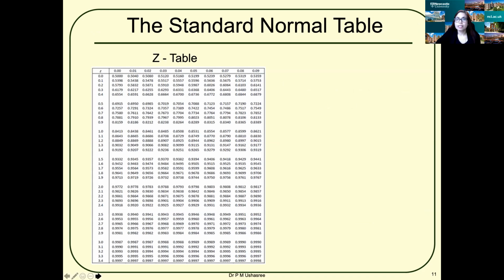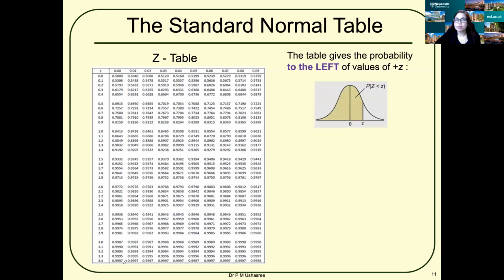Okay, so let's see a few examples of how to read this Z table. We know that this Z table always gives the probability to the left of the values of positive Z. Have you heard of the song "To the Left, To the Left"?